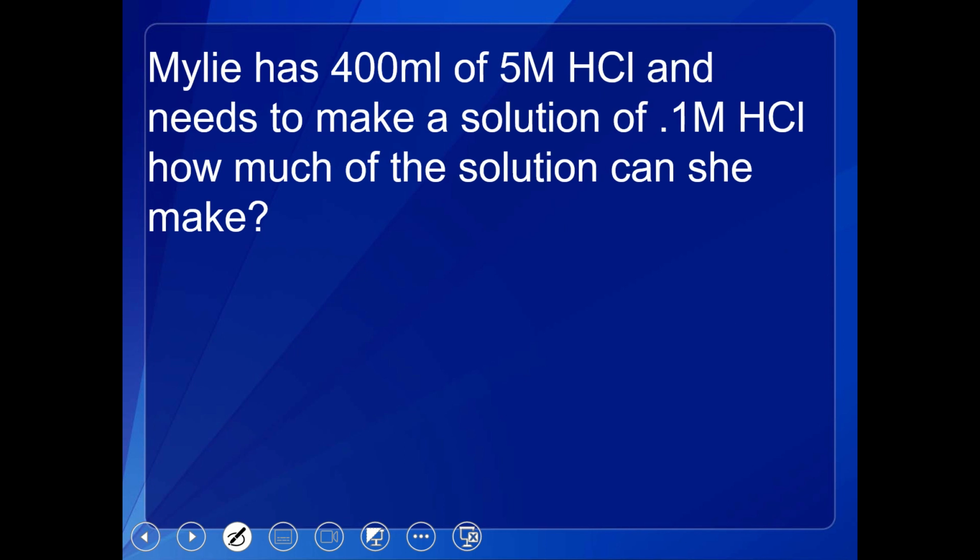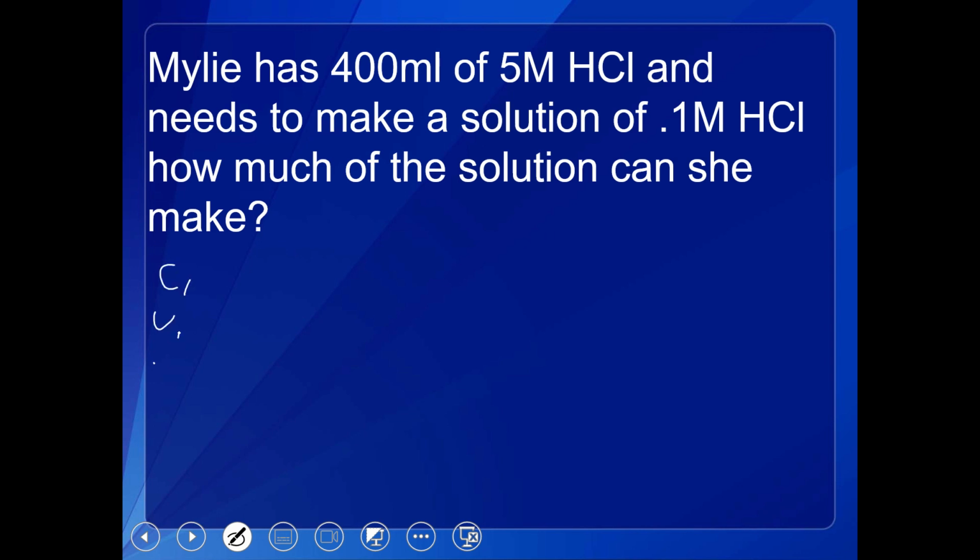All right, I'm going to give you a second to read this one and write the answer out. All right, so Miley has 400 milliliters of 5 molar HCl and needs to make a solution of 0.1 molar HCl. How much solution can she make? So let's write out our chart.